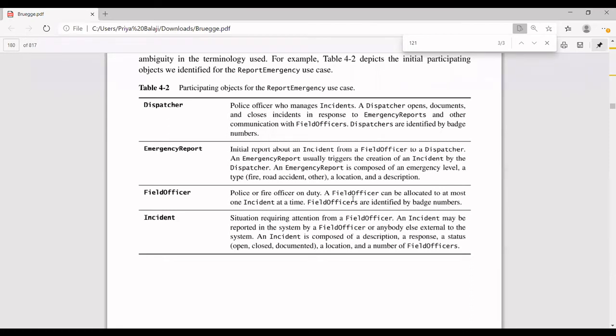Next, library database. Yes, because once the student requests the book from the librarian, the librarian in turn has to check the database whether the book is available or not. If the book is available, the librarian in turn dispatches the book to the student. So 3 objects are involved in issuing a book.